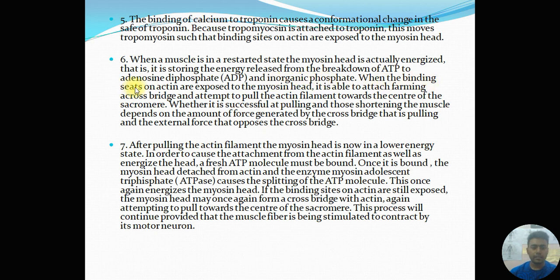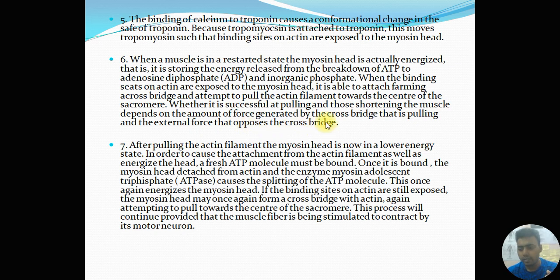When the binding sites on actin are exposed to the myosin heads, it is able to attach, forming a cross bridge and attempting to pull the actin filament towards the center of the sarcomere. Whether it is successful at pulling and shortening the muscle depends on the amount of force generated by the cross bridge that is pulling and the external force that opposes the cross bridge.